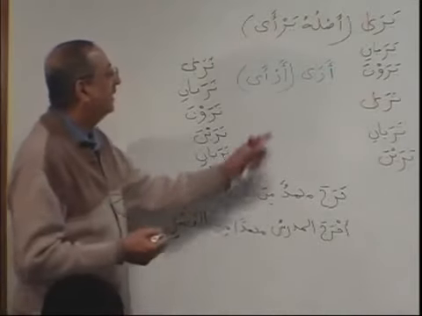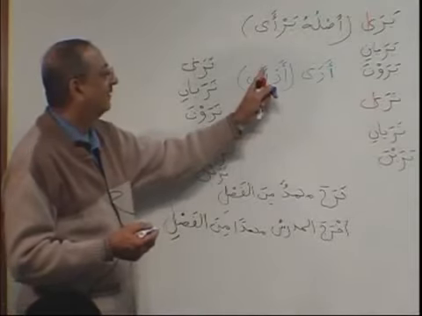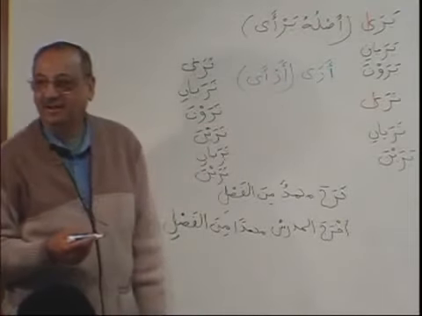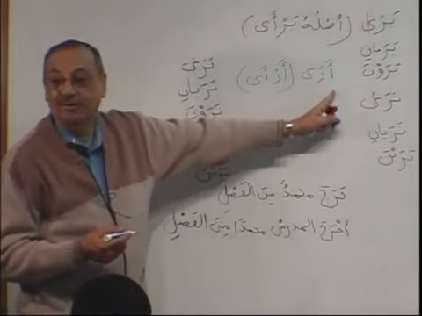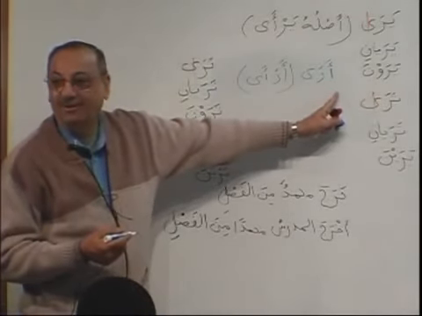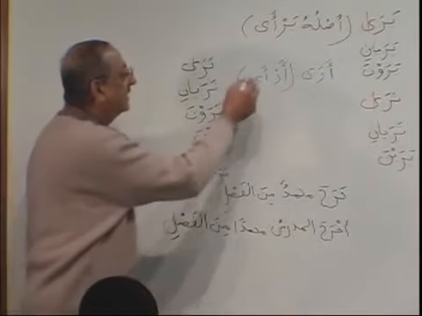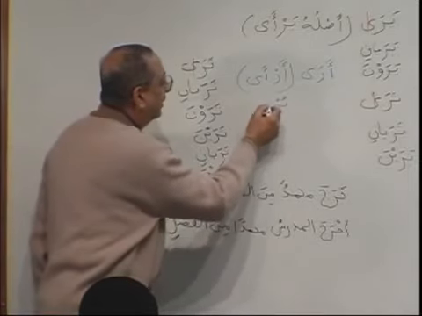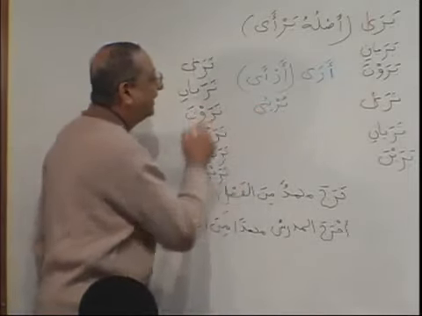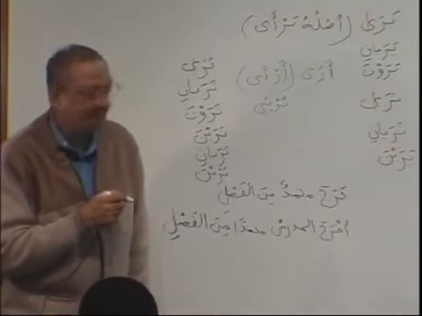So what happened? Then this Hamza was dropped. The Fatha came on the Ra. So Ara is actually, you don't see 4 letters, but they are 4, because you have already dropped it. Now if it is Ara, then it will become Yuri, Yuri'u. Are you with me?